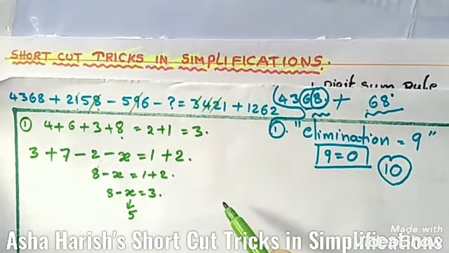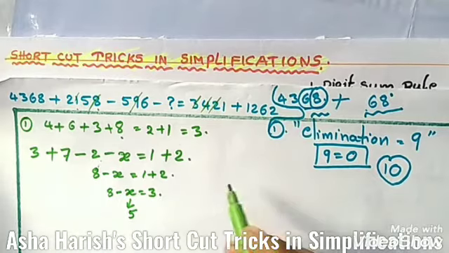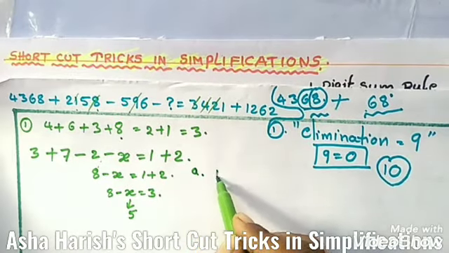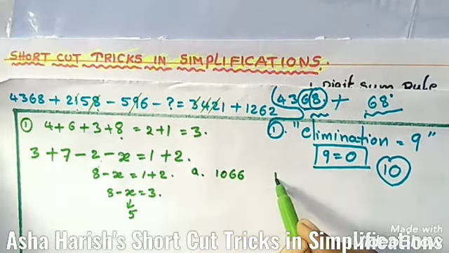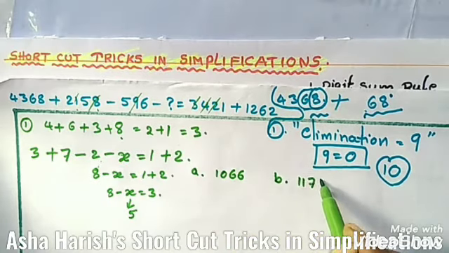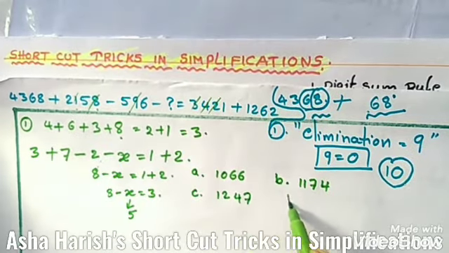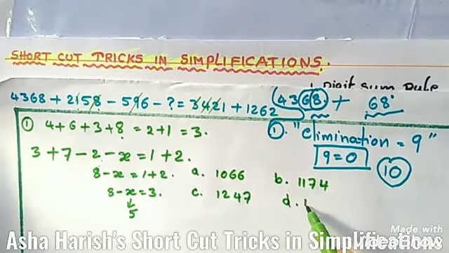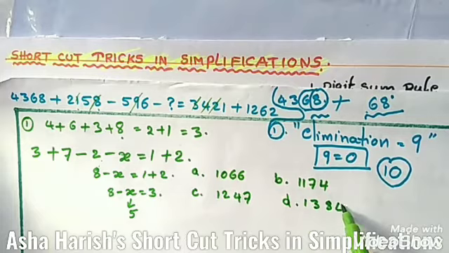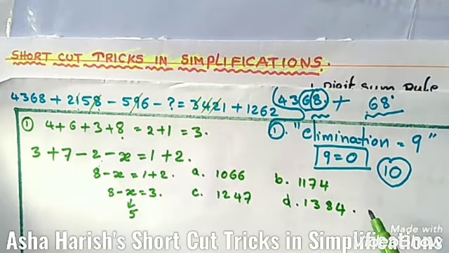Now let us see the options for this question. Option A 1066, option B 1174, option C 1247, option D 1384. Which one is the correct one?